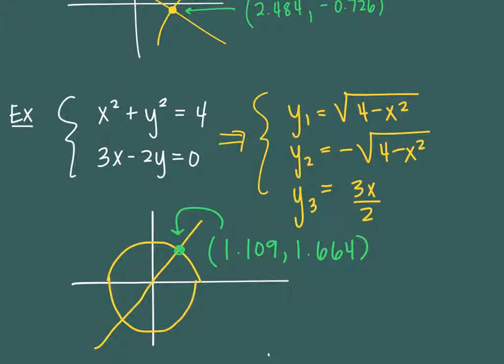Now we've got to do the other one. So we'll start our second trace over again. Again, notice that it automatically puts me on the y1 equation. I want to go to the y2 equation, which is down 1 on my list.